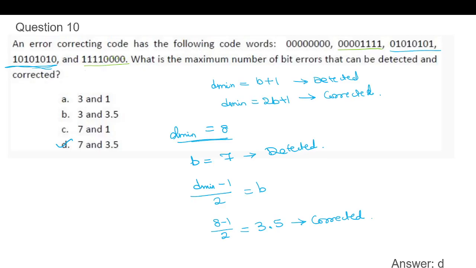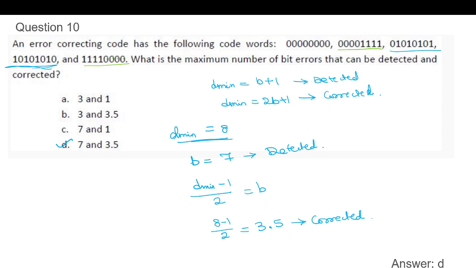Ma'am, please repeat, ma'am. Yes, yes. The d min, we already know the formula b plus 1, and d min is 2b plus 1, where b is the number of bits that we can correct, and here b is the number of bits that we can detect.